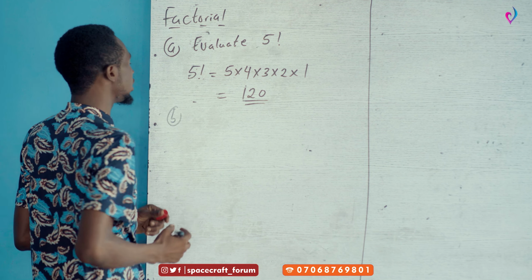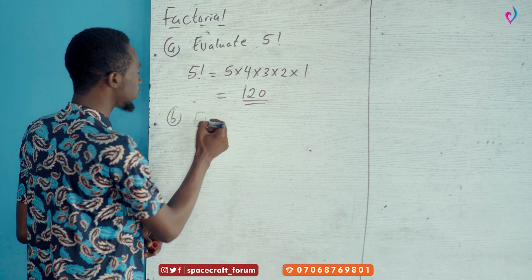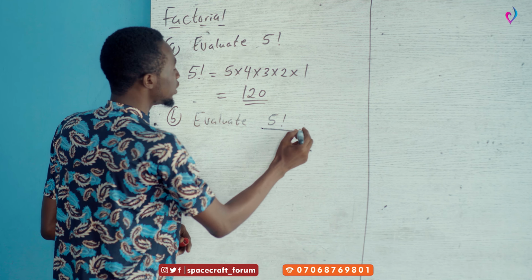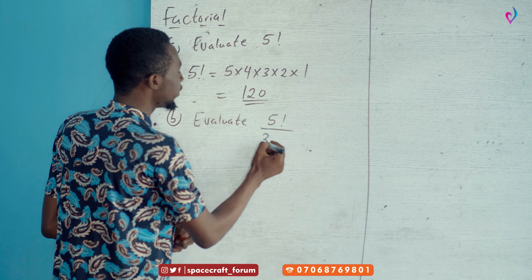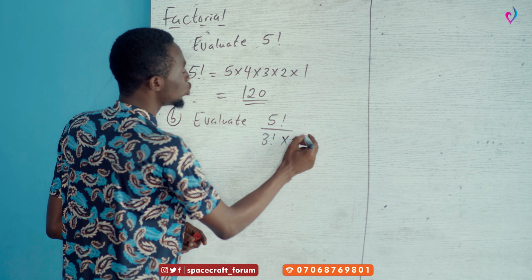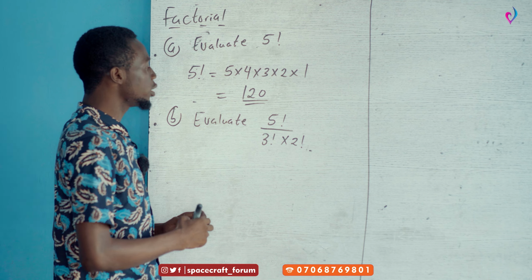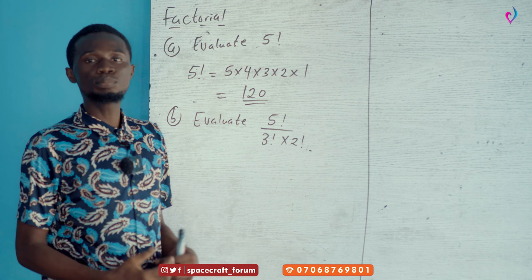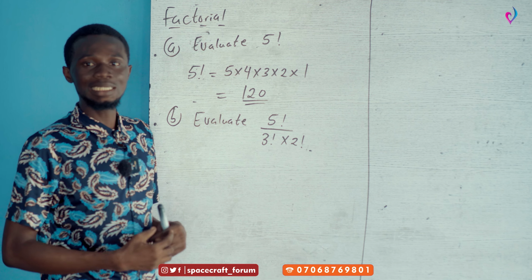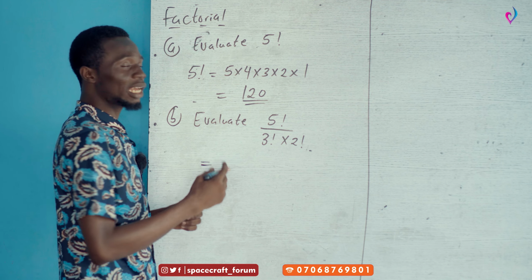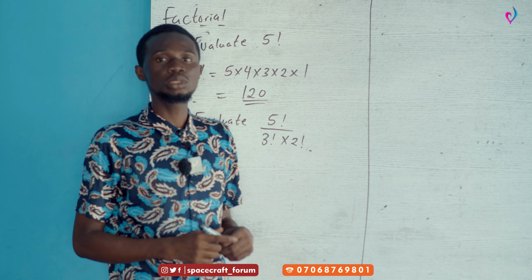Let's work on this second example. Evaluate 5 factorial divided by 3 factorial multiplied by 2 factorial. Let's evaluate this. Mind you, I said factorial is talking about multiplication of positive consecutive integers in descending order. Your 5 factorial is 5 times 4 times 3 times 2 times 1.